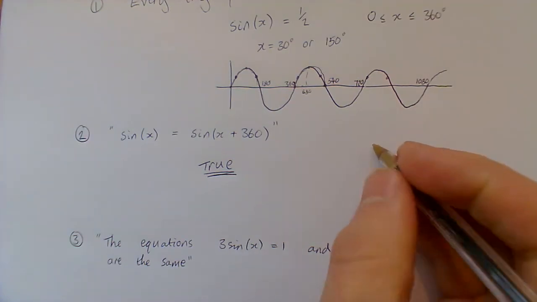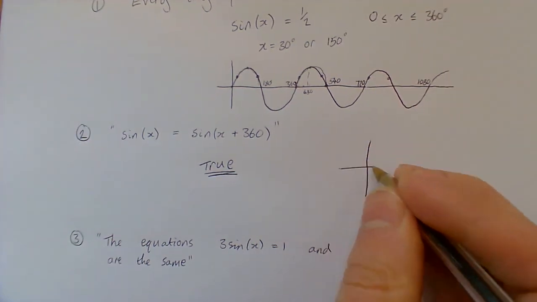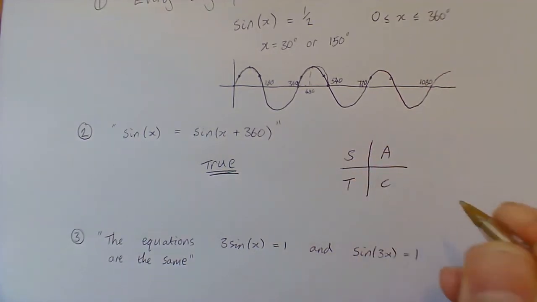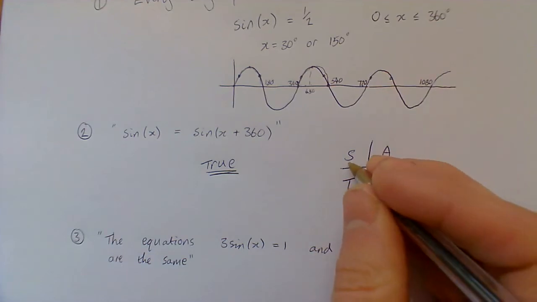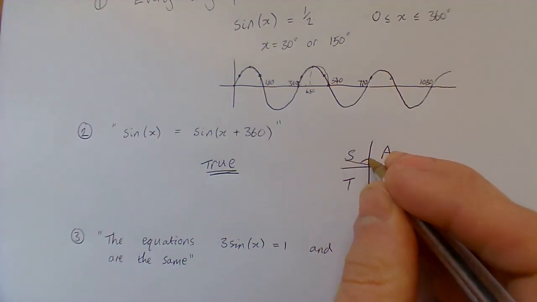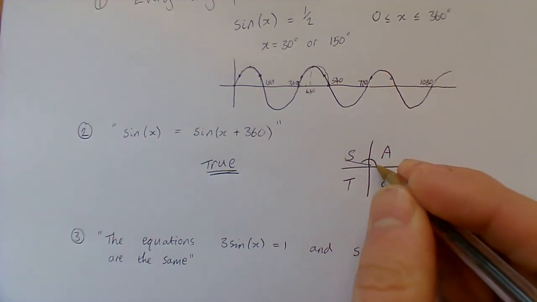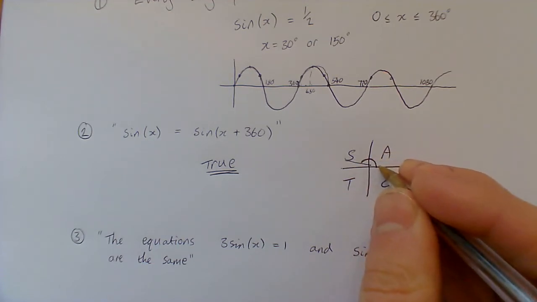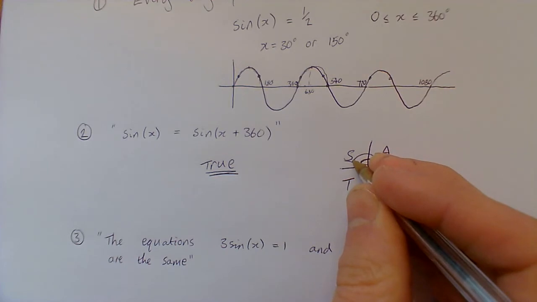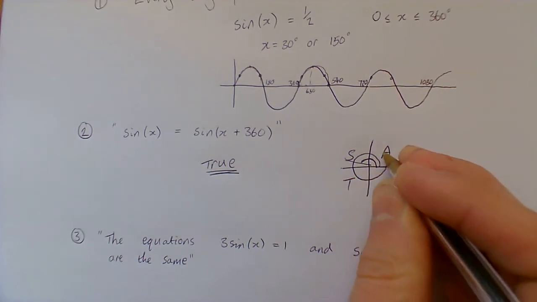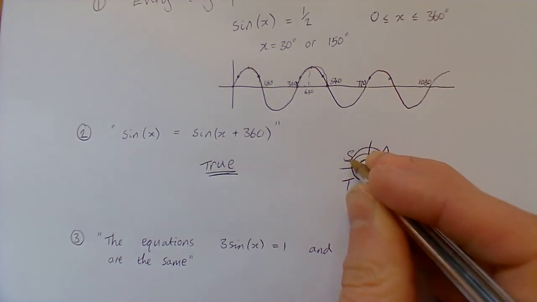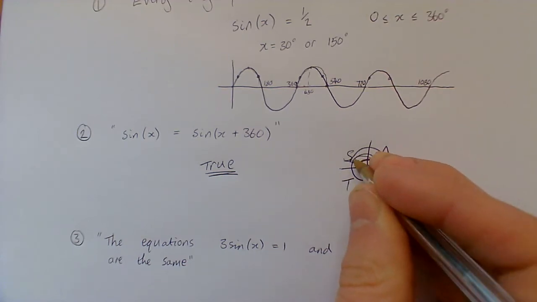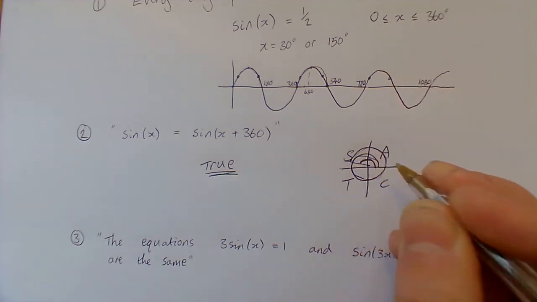Now, there's two extra things I'm going to say about that. The first one, if we have our CAST diagram, like we had before, if I've got some angle over here, well, in some very technical sense, that angle there is exactly the same as that angle there, and then adding another full turn on. So if I do this little angle here, that's the same as doing that angle plus an additional full turn.